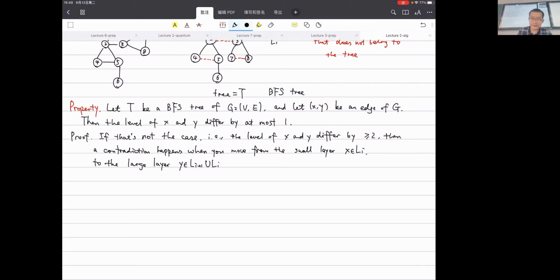If the depth of Y is at least the same as X, it can only be the case that Y is at the same layer, at Li, or at Li plus 1, because after all you have the edge. XY belongs to E here, and you should be able to reach Y at most at Li plus 1. So basically, this finishes the discussion of the property.